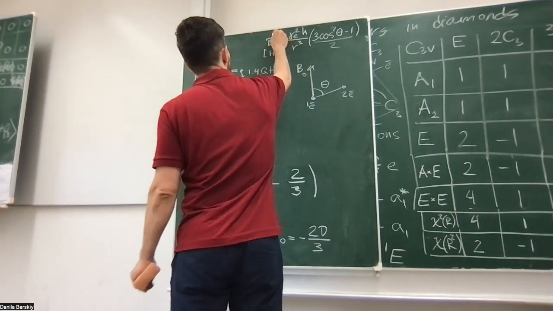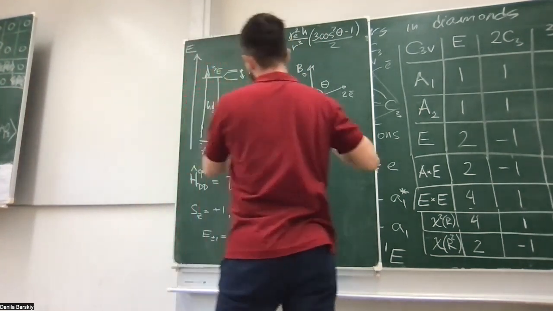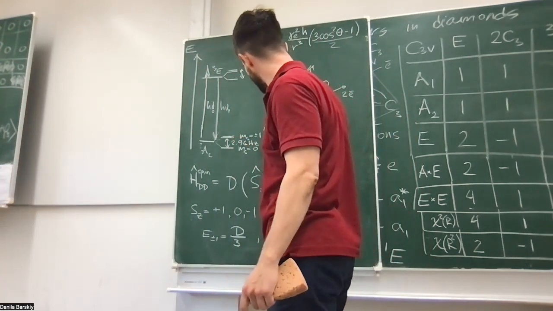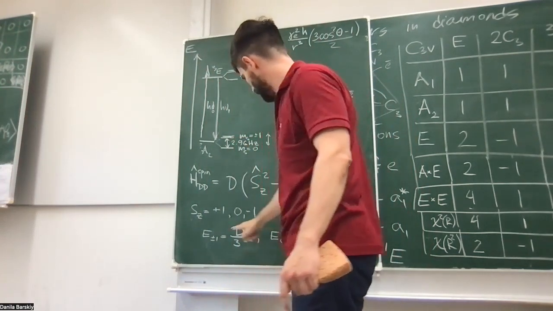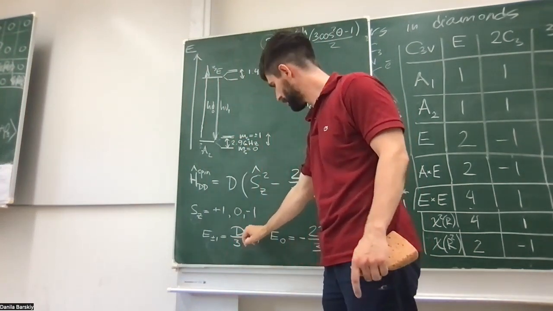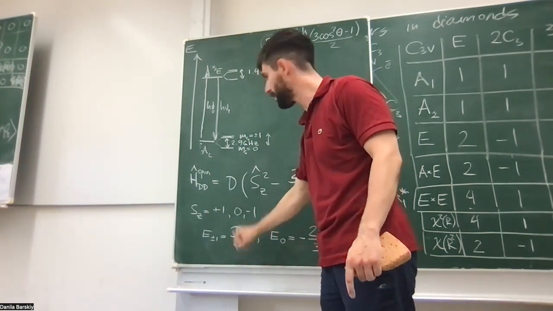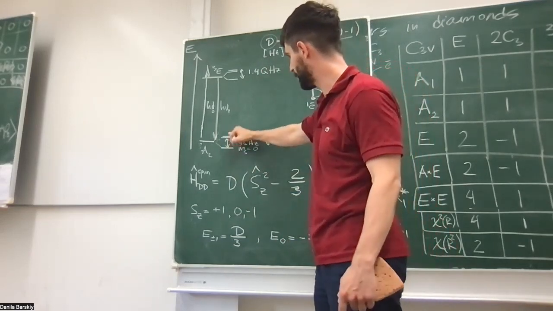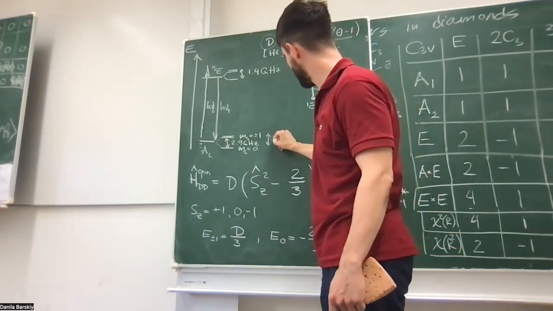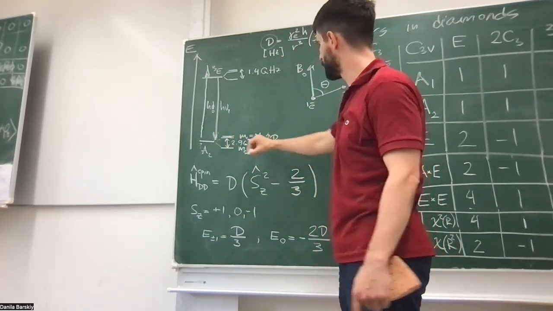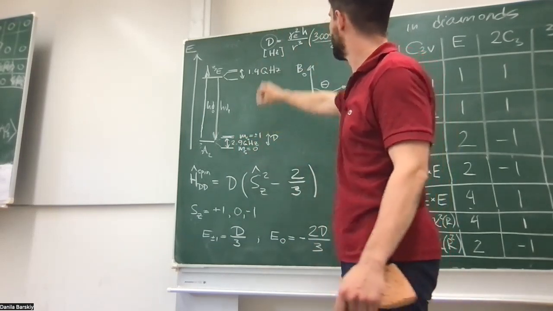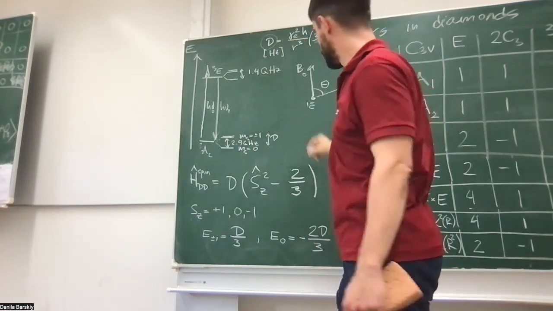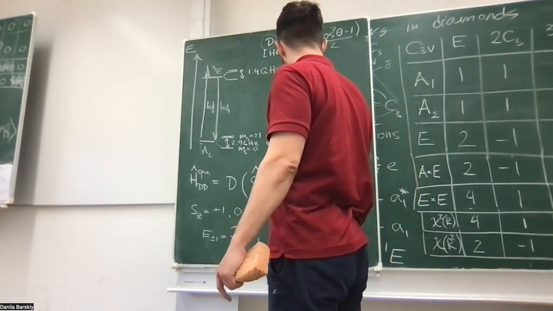So from these values of D, you know that this is basically your delta is equal to D. Okay? If positive is plus D divided by 3. This is minus 2/3 D. So the gap is actually D, right? So if you know it's 2.9 gigahertz, you put it here, then you can estimate the average distance between electrons.